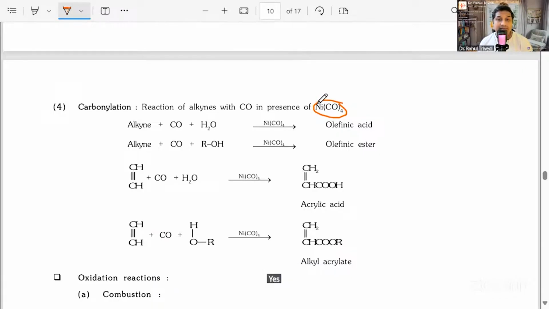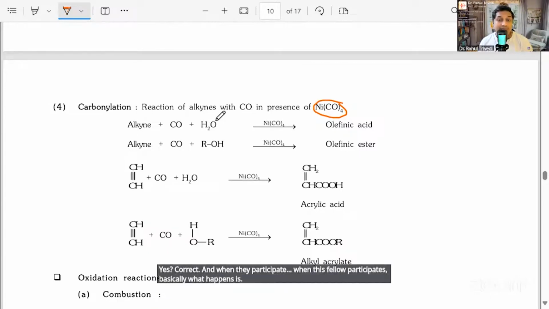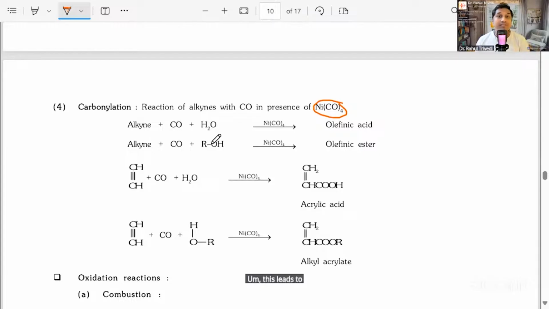Yes, correct. And when this fellow participates, this leads to similar type of formation as we have seen above. If you use it with water, it will lead to the formation of acid. If you use it with alcohol, it will lead to the formation of ester.